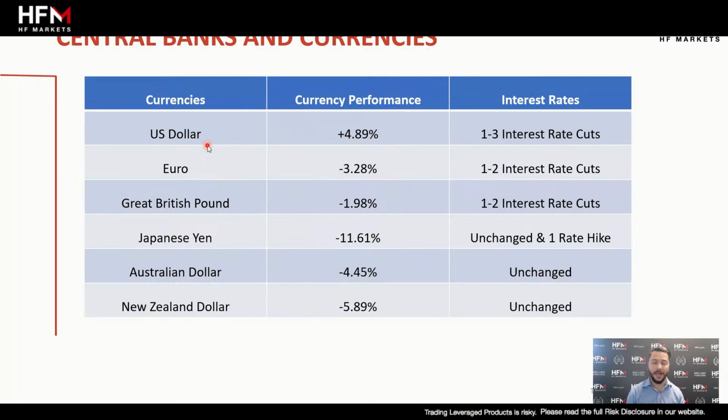Whereas now, because of the gross domestic product and some inflation figures included as part of it, we are amending that prediction to 1 to 3 interest rate cuts. So not 2 to 3.